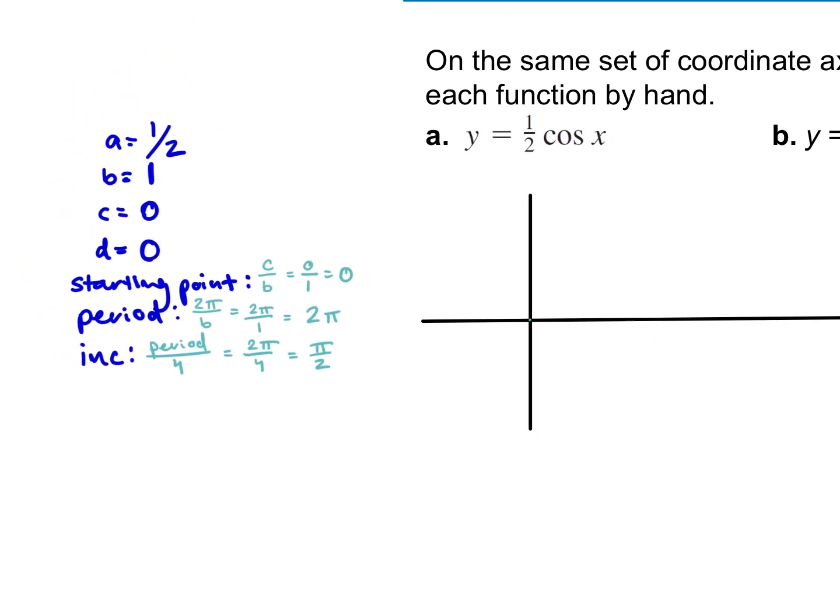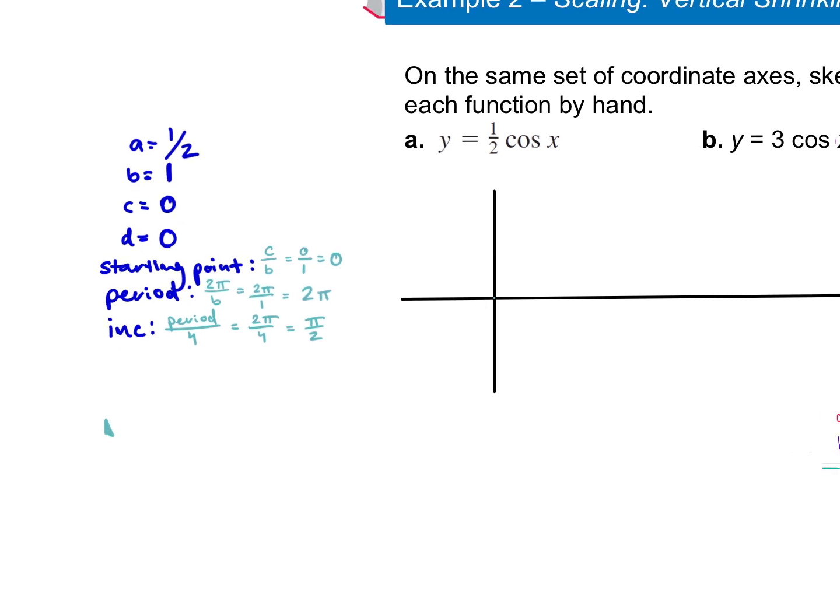So for our graphs, we always want the starting point and 4 more points. So our starting point is going to be at 0. And I need 4 more points after it. So 1, 2, 3, 4.